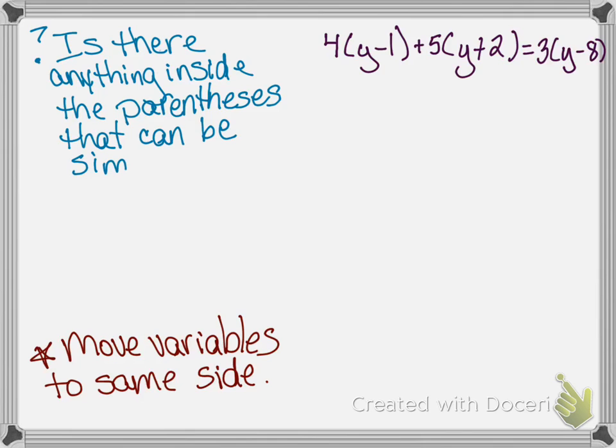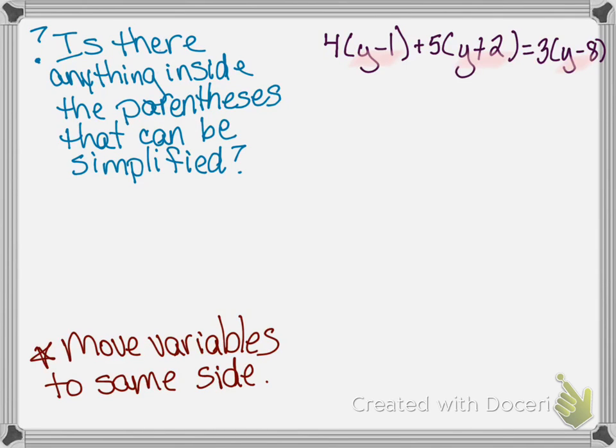Okay, so when I say inside the parentheses, I am talking about the y minus 1, the y plus 2, and the y minus 8. That's what's inside the parentheses. And for every one of those, there is nothing in there that can be simplified.